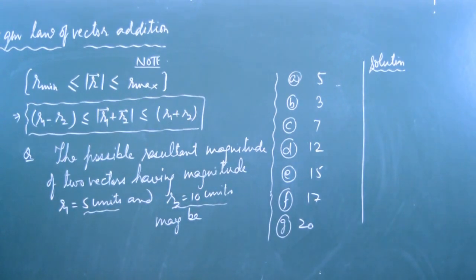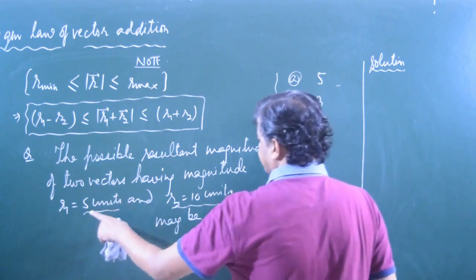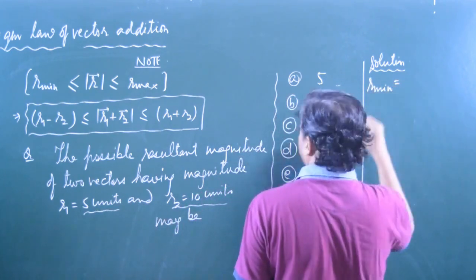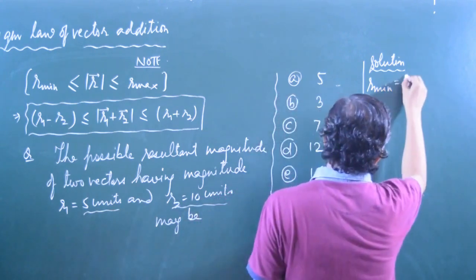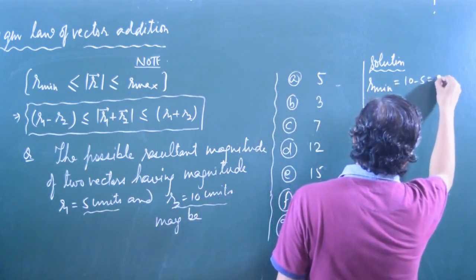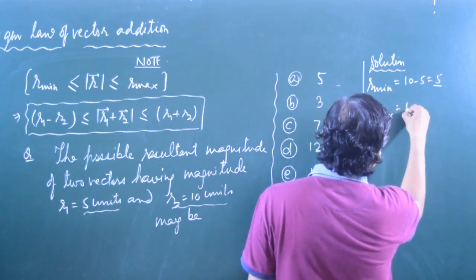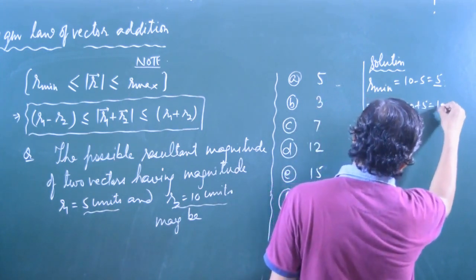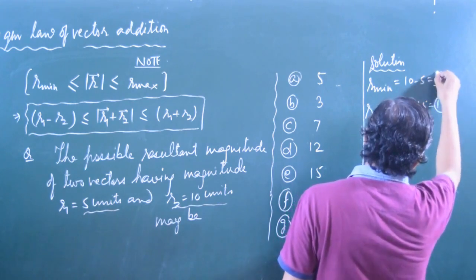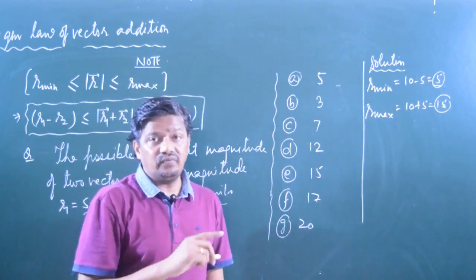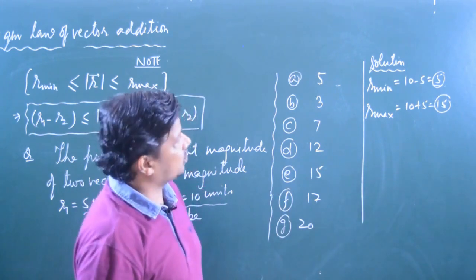Now see, what is the minimum value of the resultant of these two vectors? So R minimum will be the difference of the two, that is 10 minus 5. It is equal to 5. And what about R max? It is 10 plus 5, that is equal to 15. So any resultant between 5 and 15, including 5 and 15 also, may be the possible result.